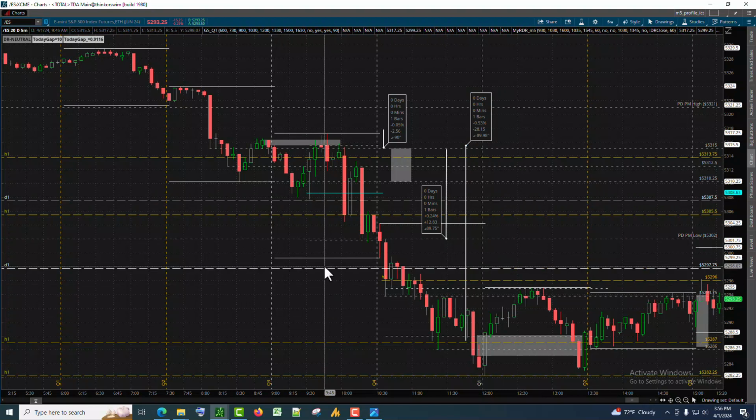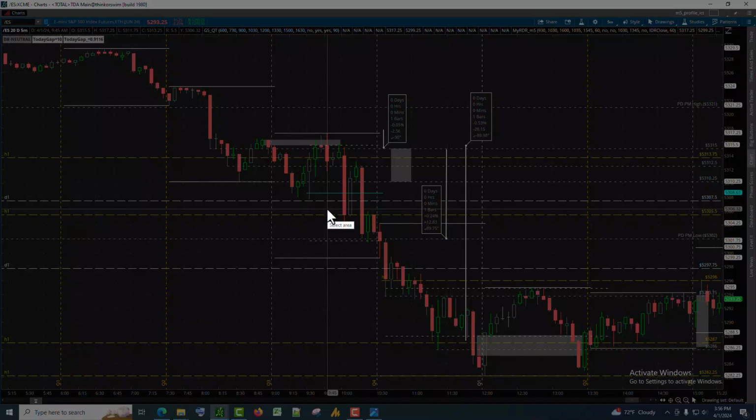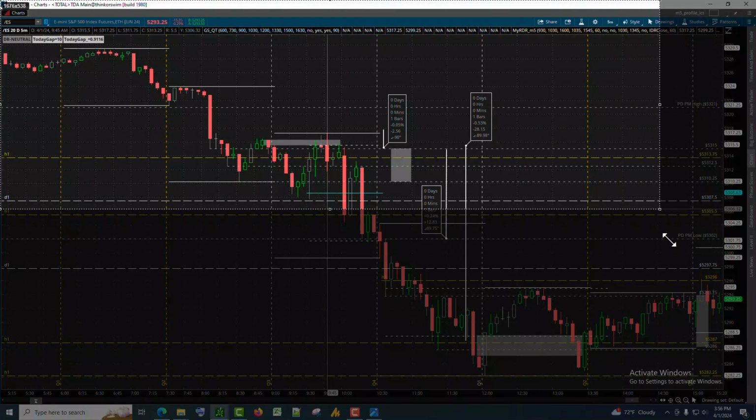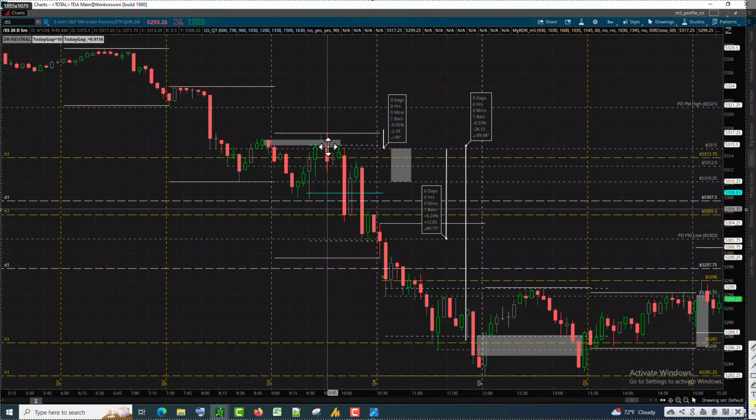Alright, let's take this screenshot. So we can early enter right here, or we can wait for exactly the level right here.